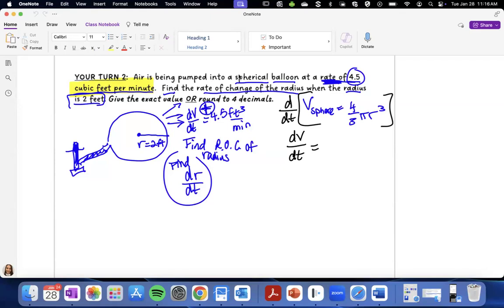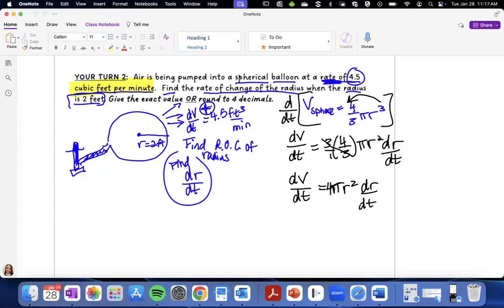So dV over dt equals, bring the 3 in front, 3 times 4/3 pi r squared. The 3's cancel. You also want to write dr over dt because you took the derivative of the radius. So you get 4 pi r squared dr over dt.